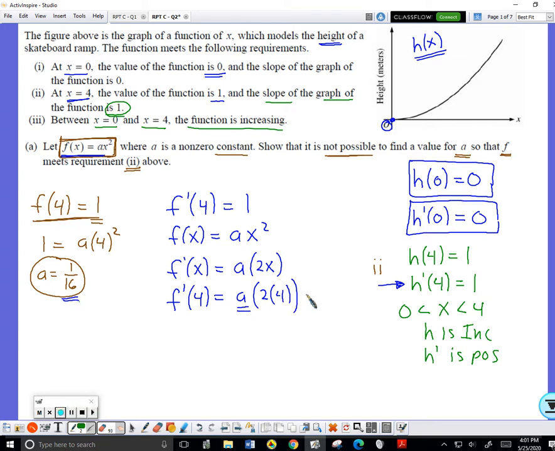And this is all supposed to equal 1. So 1 over 16 times 2 times 4 is 8 over 16. That's supposed to equal 1, but it doesn't. 1/2 does not equal 1. So we have proven that it is not possible to meet requirement 2.